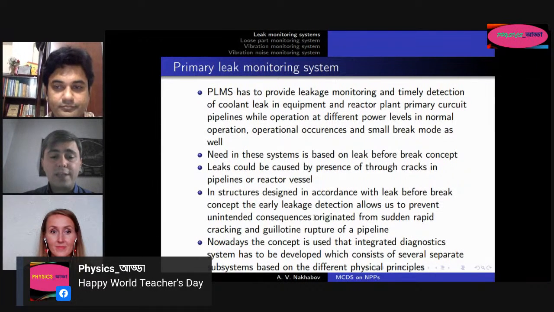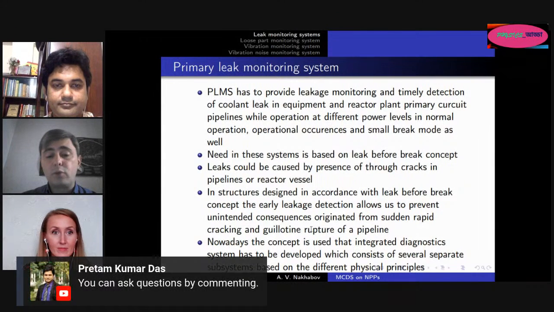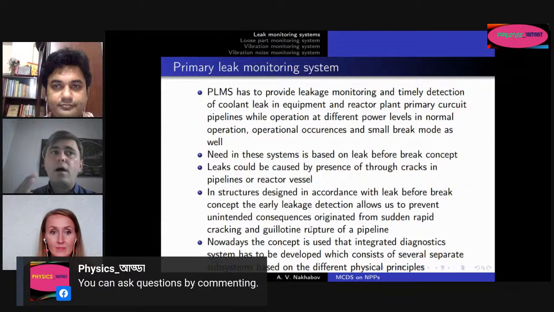So actually on this slide you see, in point number 4, our idea to prevent unintended consequences from sudden rapid cracking and guillotine rupture, because guillotine rupture actually is the worst possible situation for a pipeline. In this case we speak about destruction of our pipeline metal or welded joint in the whole section.